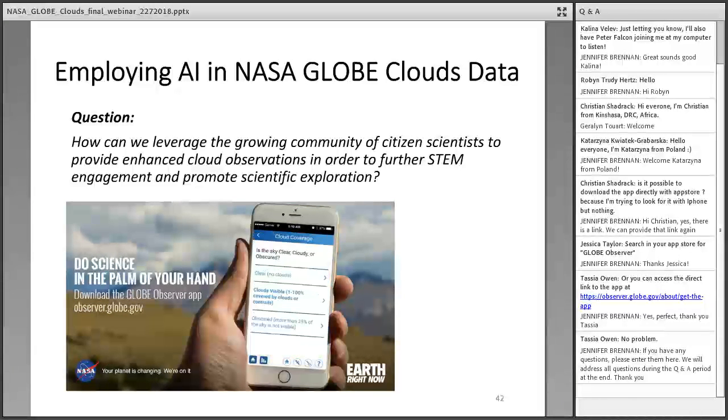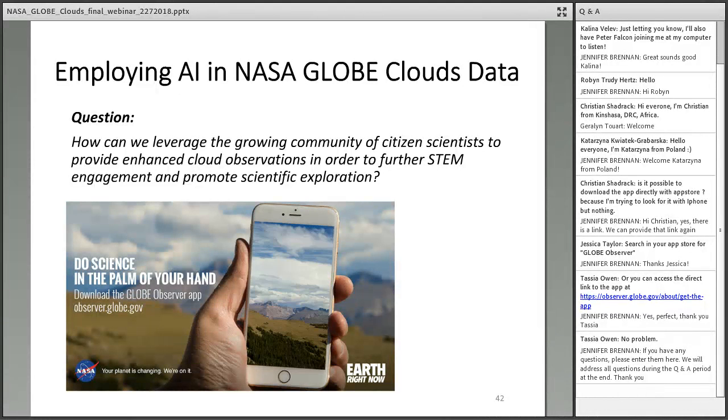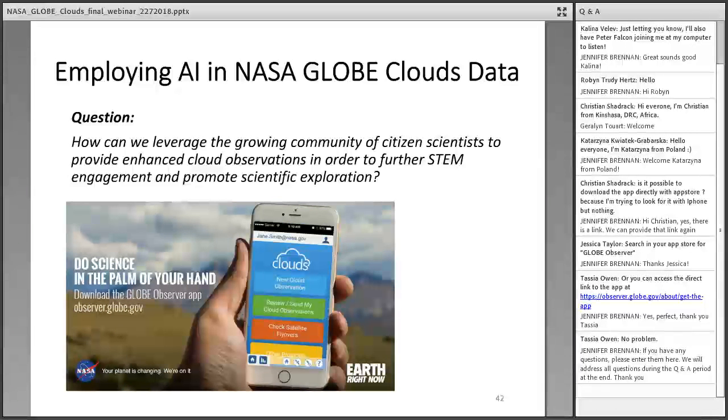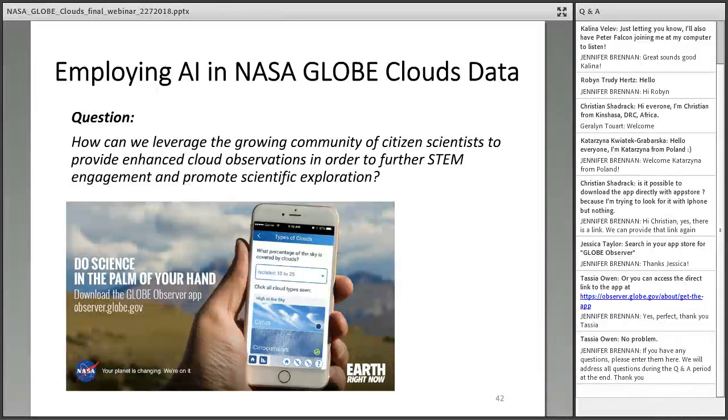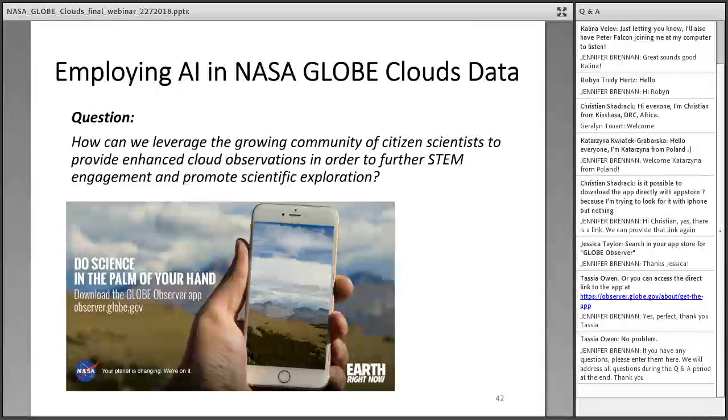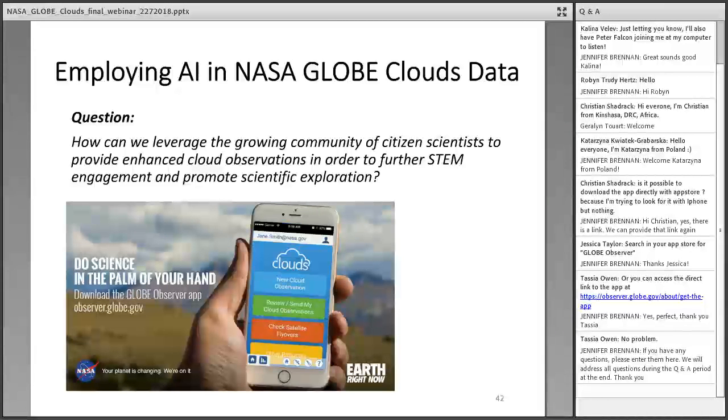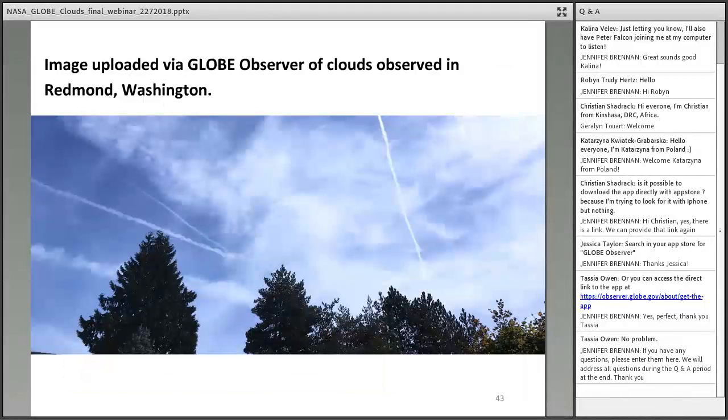The figure that you see here is just an image of the Globe Observer program that Marilei showed earlier. You can make cloud observations directly from your phone, and the images that it's scrolling through here are just some of the steps that you can take as an observer to submit your observation.